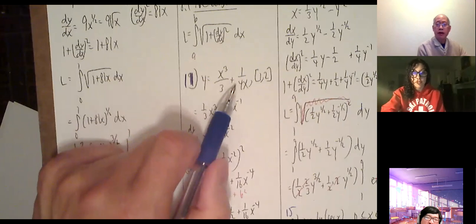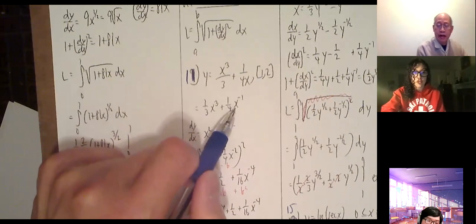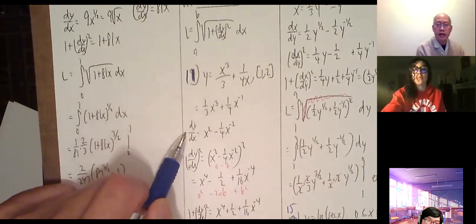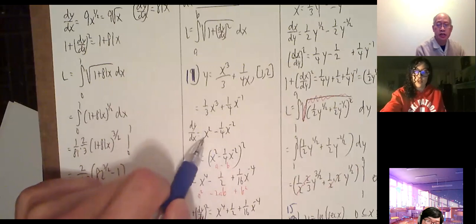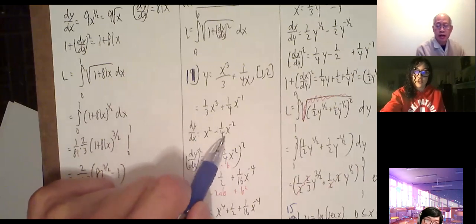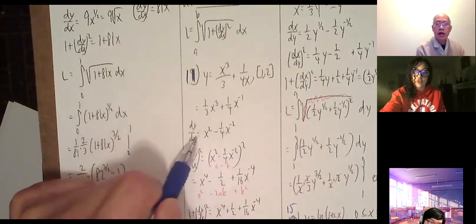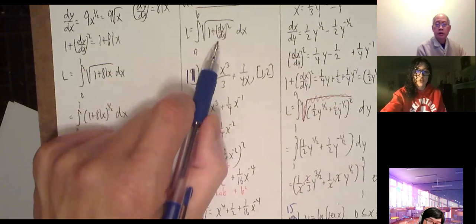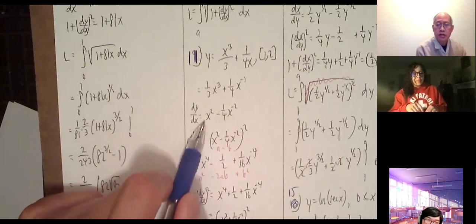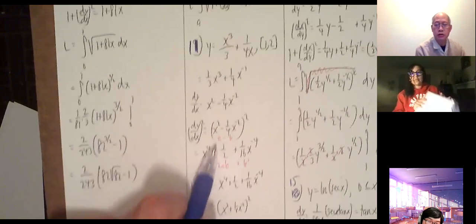All right, so first I'm going to write this as 1/4 x to the minus 1. That's better for differentiation purposes, right? So dy dx, the derivative of this is x squared. The derivative of this is minus 1/4 x to the minus 2. Now I'm supposed to square it. So we have this interesting theme here for squaring this thing: x squared minus 1/4 x to the minus 2.